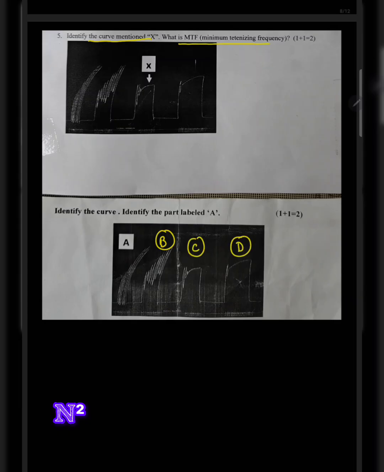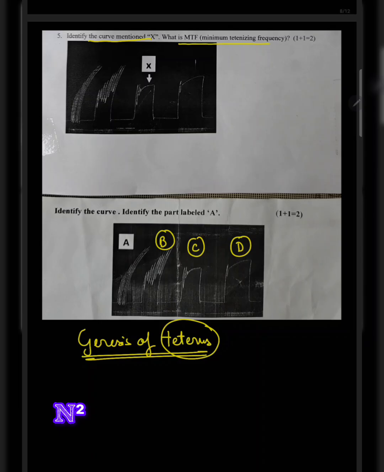You have to know all the other curves also, and what these curves are as a whole. So to answer this, the curve that we can see in both of these questions is showing you the genesis of tetanus. So this curve shows the genesis of tetanus, and what tetanus is, you are going to know.